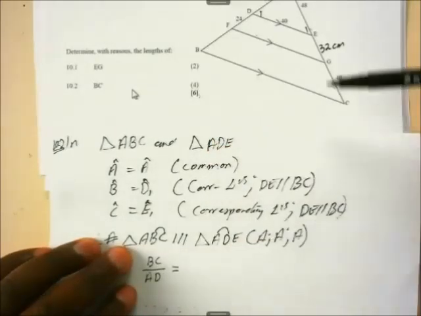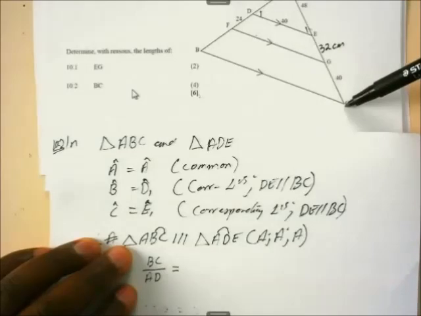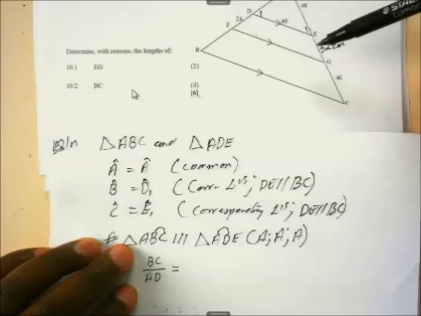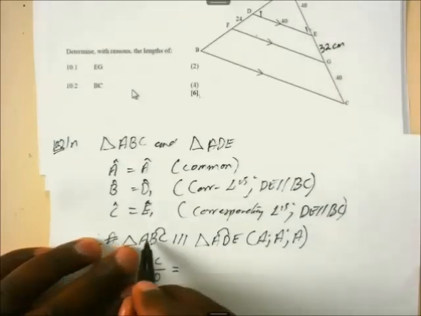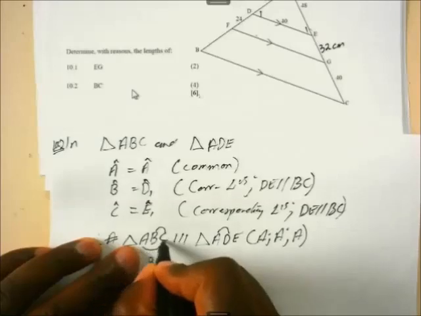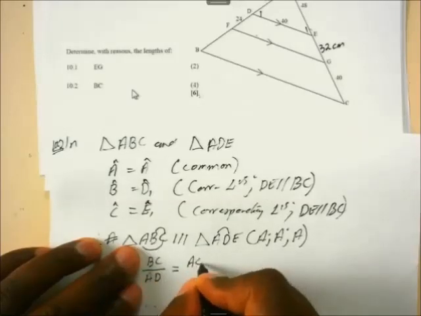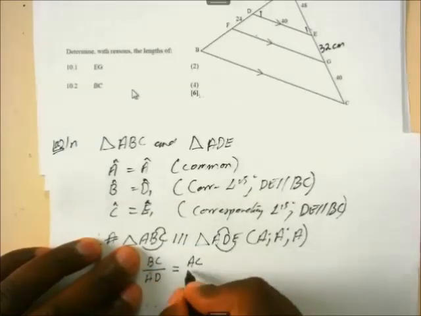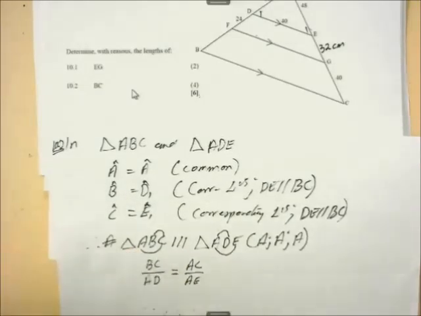Again, we know AE, we also know AC. Therefore, you can say AC, in this side you take AC. If you take AC, you'll take AE here over AE, because the two triangles are similar. If they are similar, it means their corresponding sides are proportional.